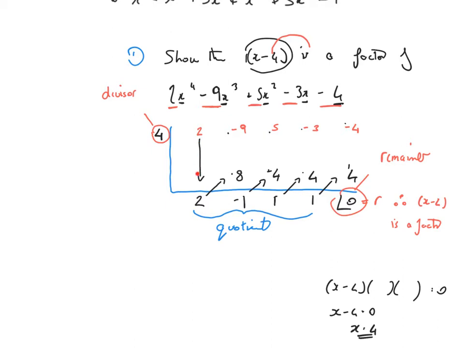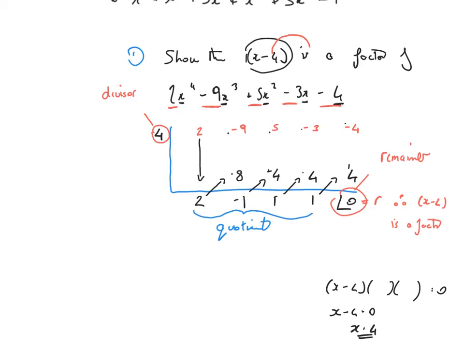We then drop the 2 down. 2 times 4 is 8. 8 minus 9 is minus 1. Minus 1 times 4 is minus 4. Minus 4 plus 5 is 1. 1 times 4 is 4. 4 minus 3 is 1. 1 times 4 is 4. And 4 minus 4 is 0. The bit at the end is the remainder. The remainder is 0, therefore the thing needs to be a factor. Another point is, since the question says show that, I need to back it up with a statement, which is right there.